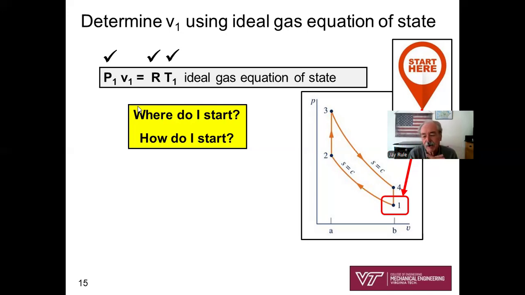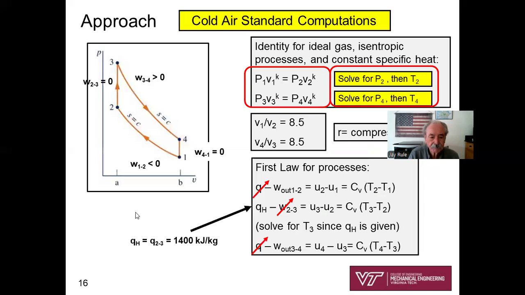We know we've got to figure out what T3 is. We'll start at state 1 and work our way up to state 3. So we'll get V1 first and see where we go from there. Once we get V1, you see that it's going to be easy to find little v2.